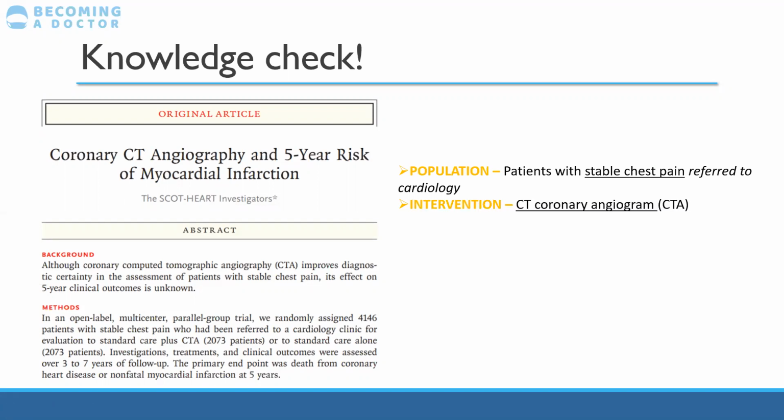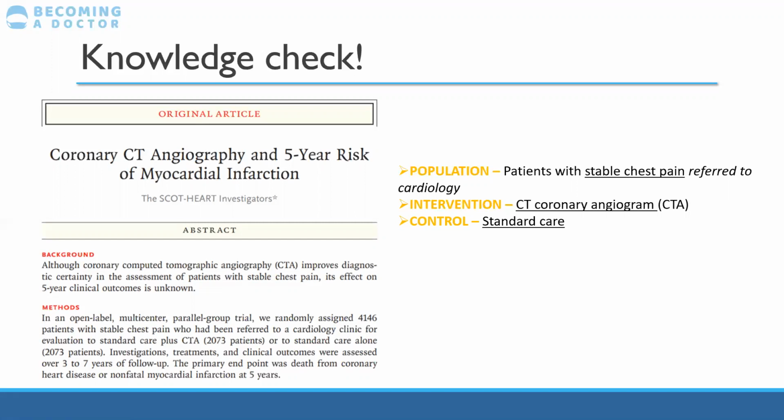The intervention that we're assessing is CT coronary angiogram. So this study is looking at whether the use of CT angiography improves diagnostic certainty. And the patients who undergo CT coronary angiogram are being compared to those who are receiving standard care.